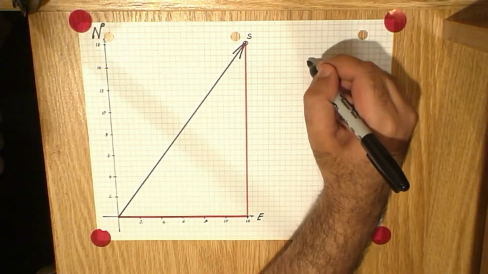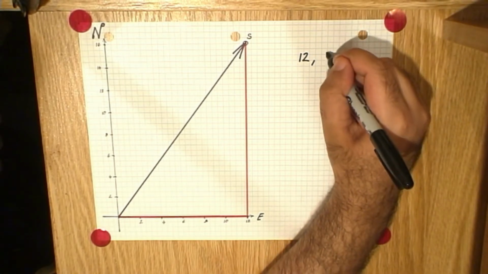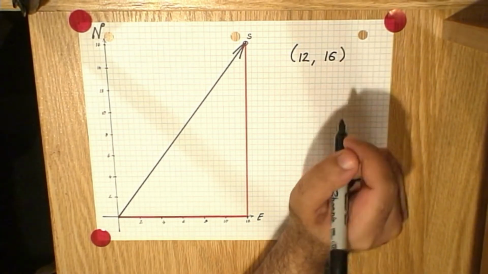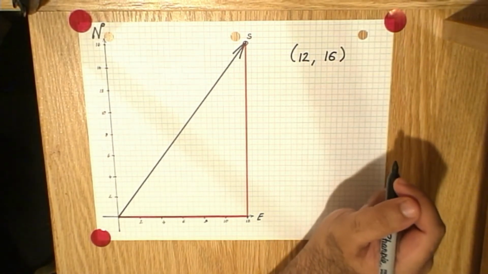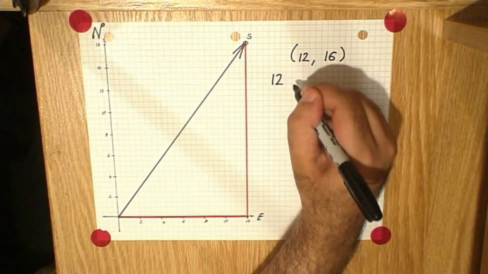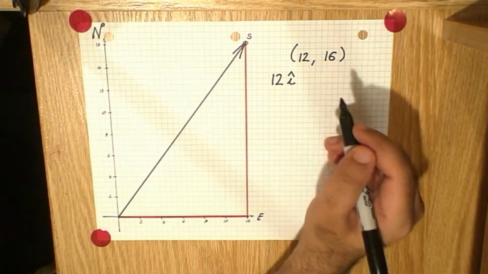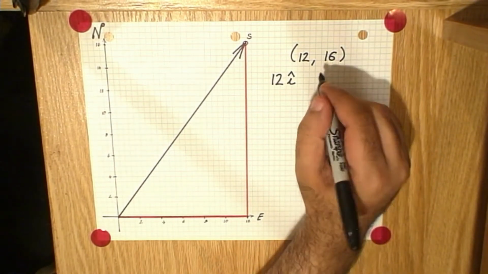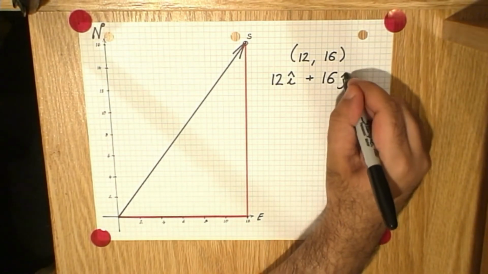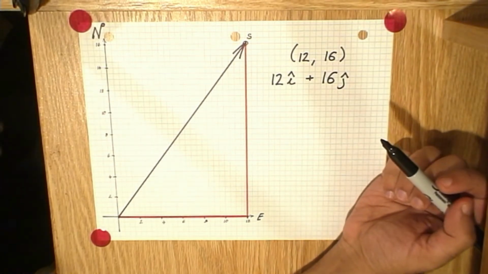The shark is located 12 meters to my east, 16 meters to my north. And the most common way to write that as a vector is like this: 12 i hat, to symbolize the fact that this is in the east, or equivalently the x direction, plus 16 j hat to symbolize the north, or equivalently the y direction.